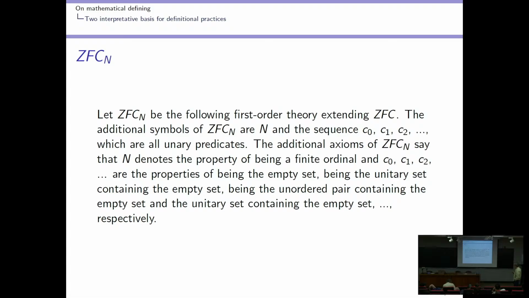So the additional axioms of this theory say that N denotes the property of being a finite von Neumann ordinal, and the names denote the usual finite von Neumann ordinals, right? So C0 denotes the empty set, C1 denotes the unit set of the empty set, and so on.